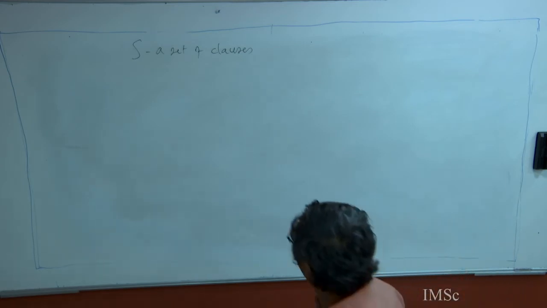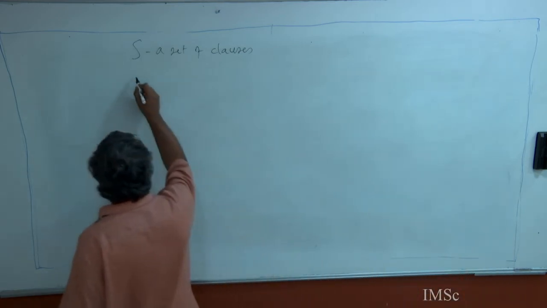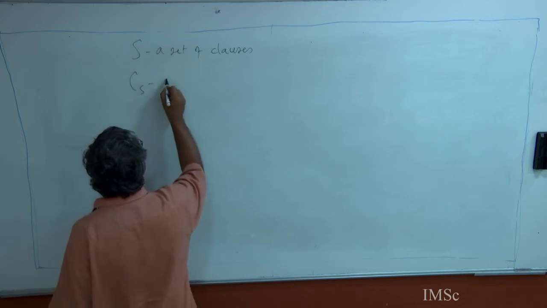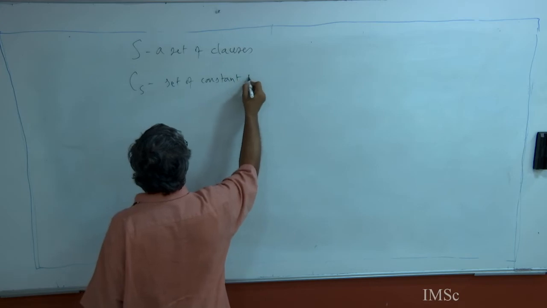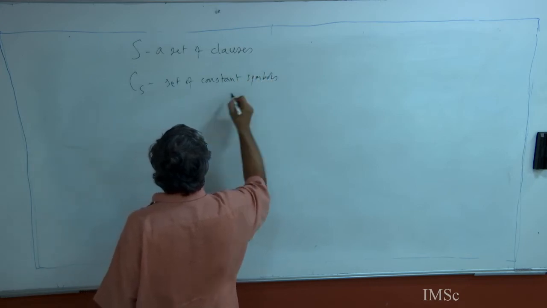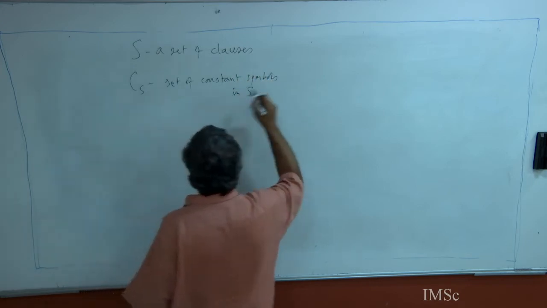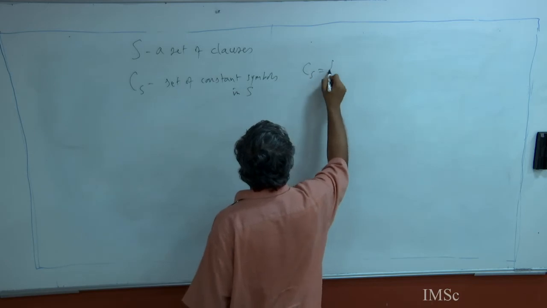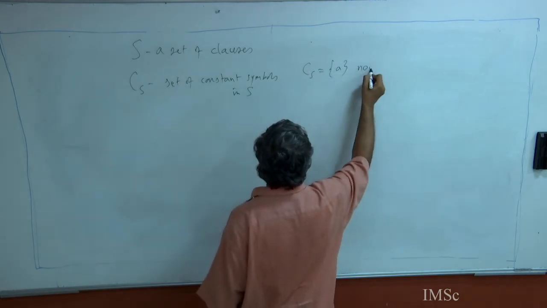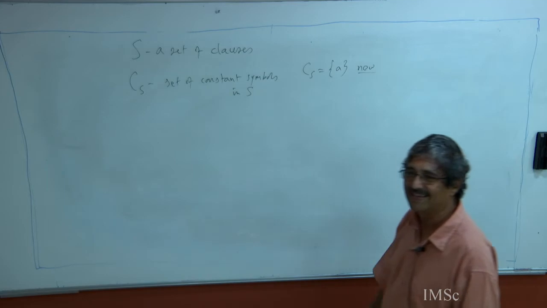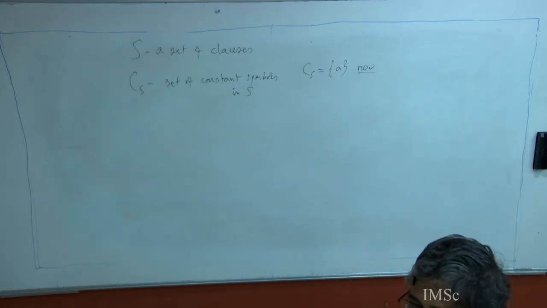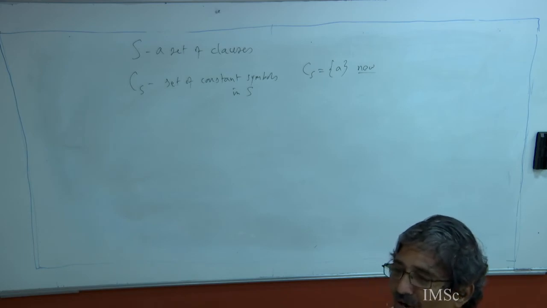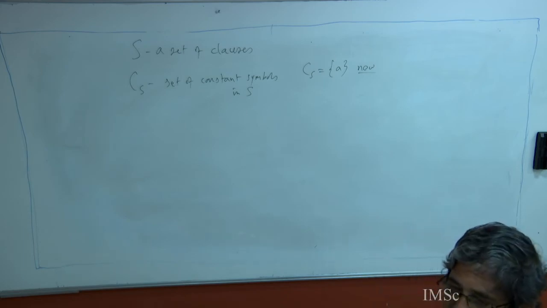Now, let CS stand for the set of constant symbols occurring in S. If CS is empty, let's just make sure it's non-empty, that's all, right? If it doesn't have any constant symbols at all, pick one new constant symbol not occurring anywhere and use that.